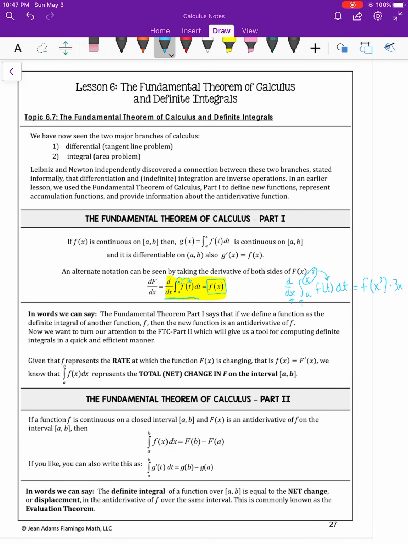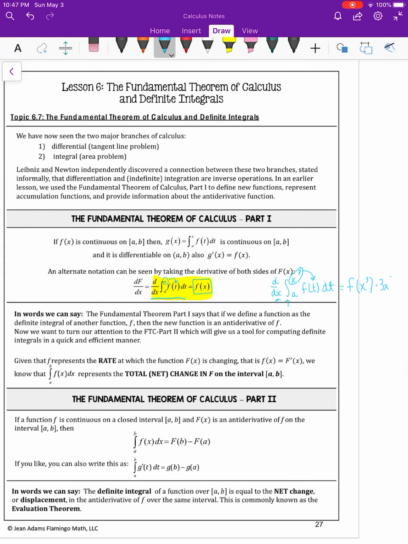We're still going to say this is f of x cubed, but we have to multiply it by the derivative of that, which would be 3x squared. So I would always bring this in front: 3x squared times f of x cubed. Whatever your f of x is, you turn it into f of x cubed.